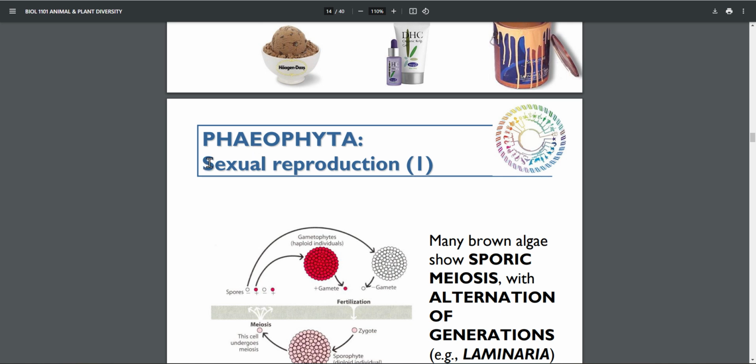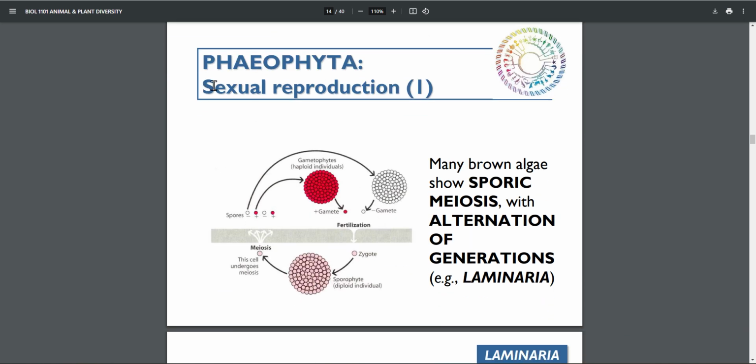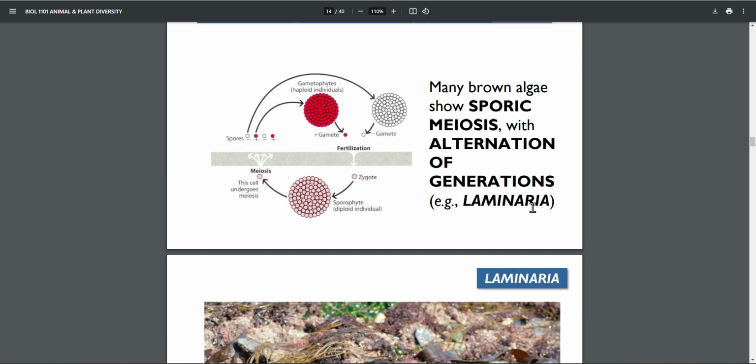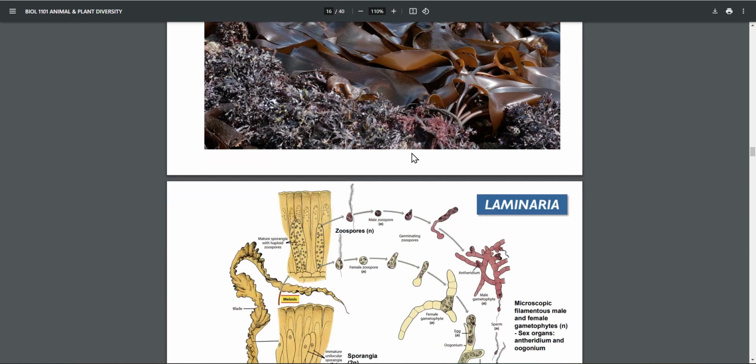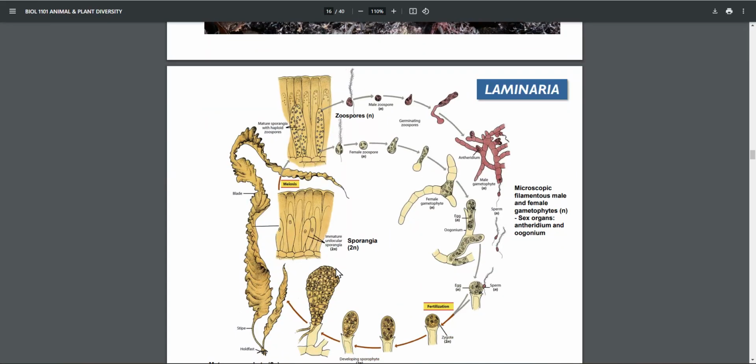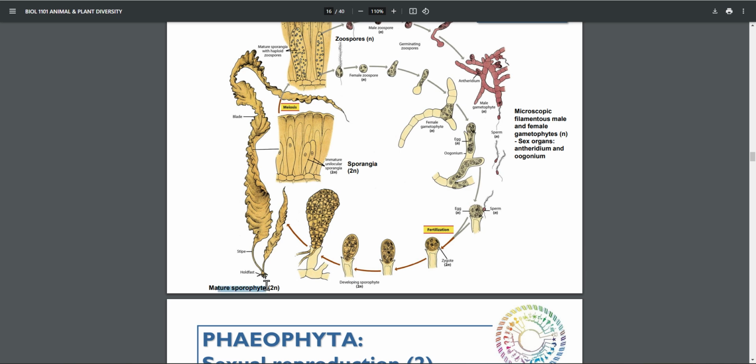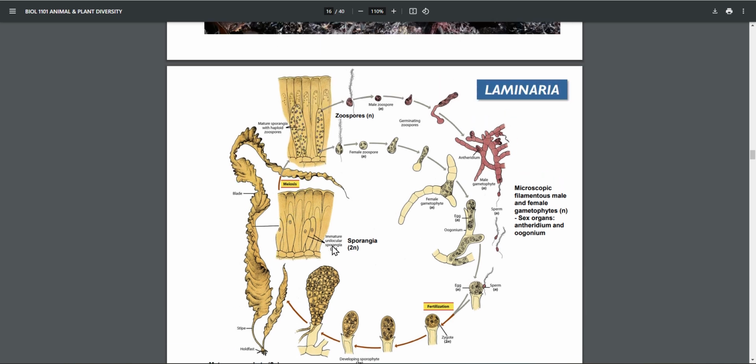Okay, so we're now going to talk about the sexual reproduction of brown algae. Sporic meiosis. Yes, sporic meiosis. Laminaria. So this is the life cycle of Laminaria. We have the sporophyte. The sporophyte would have the sporangia, which produce spores.